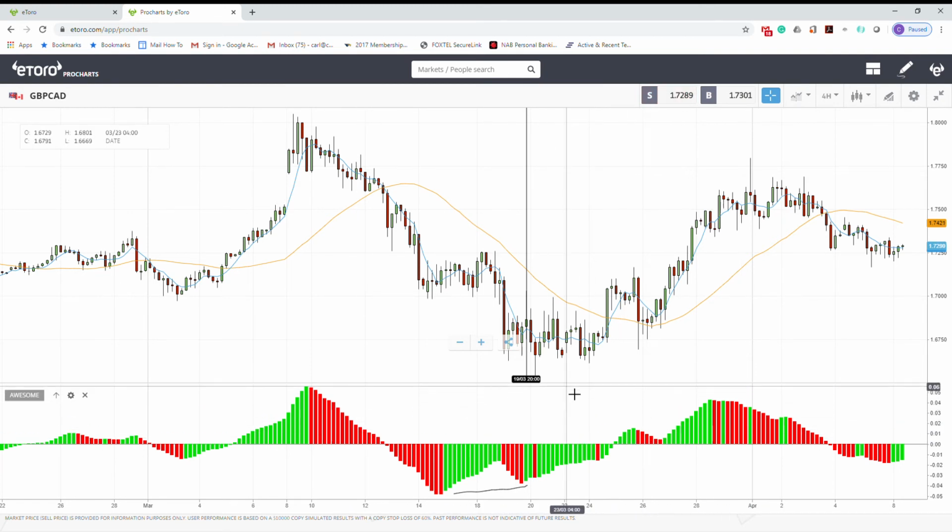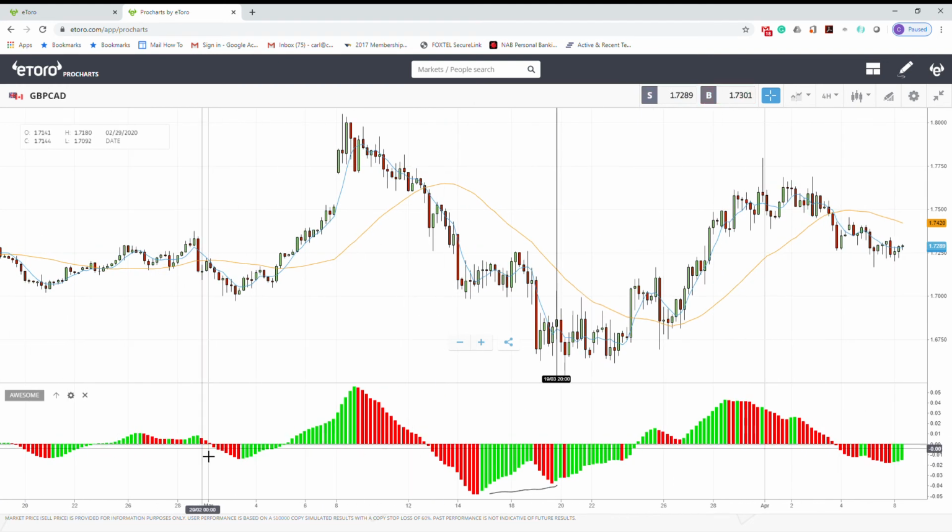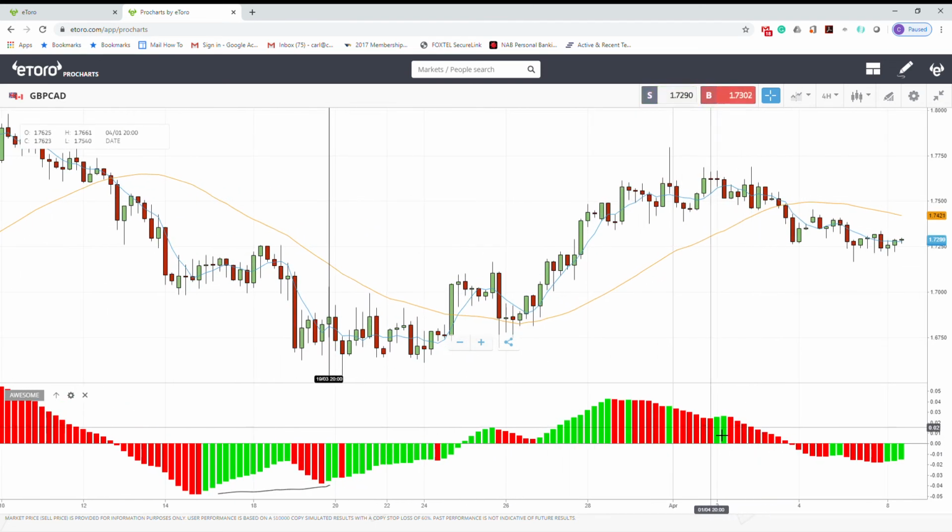Actually, we don't have an obvious one here. Maybe we should look at other charts to see if we can find that. But normally, the second column is lower than the first and the color is red, and the third column is higher and colored green.